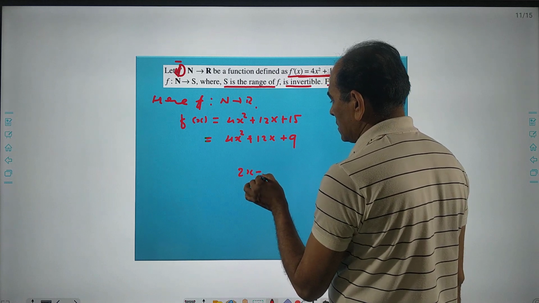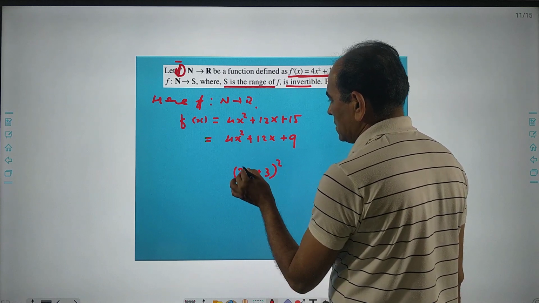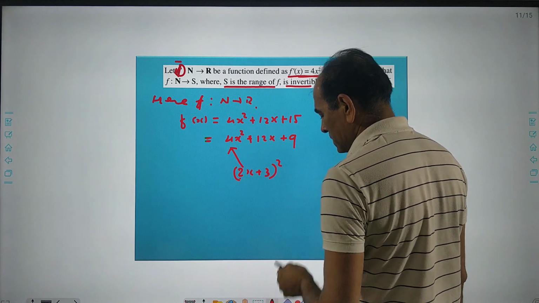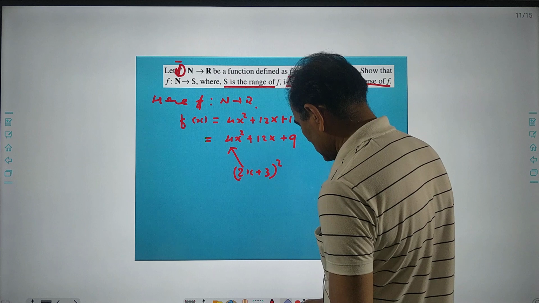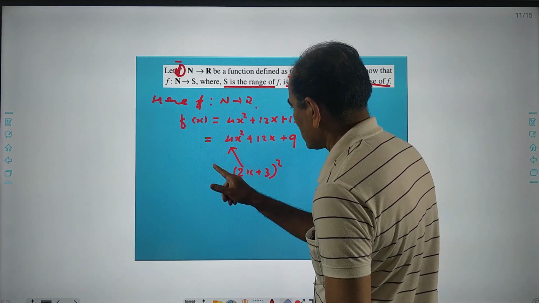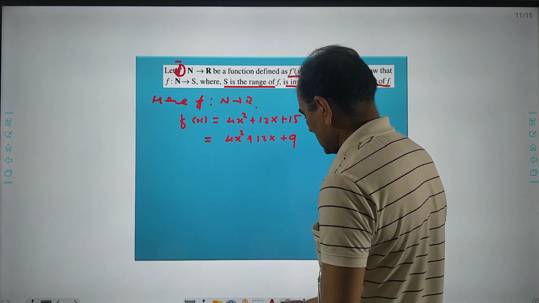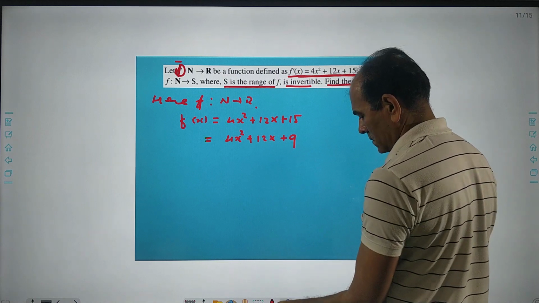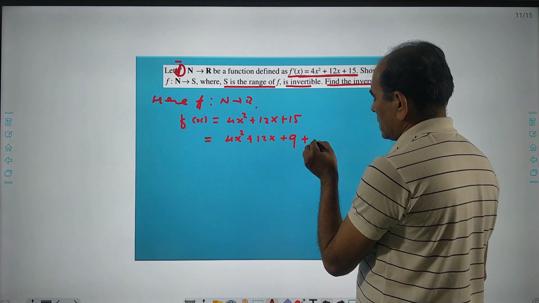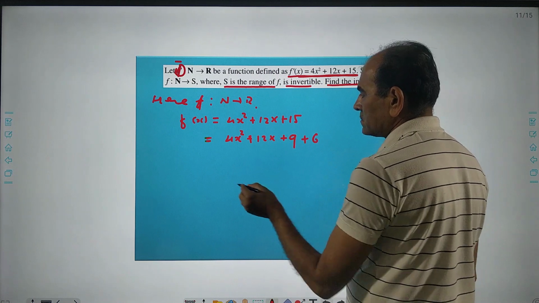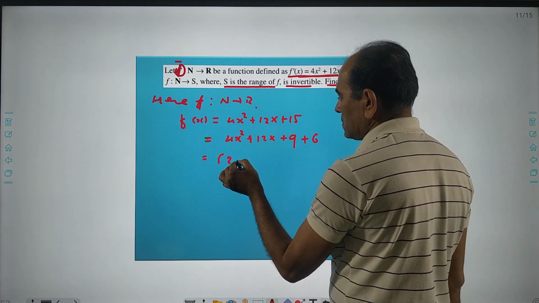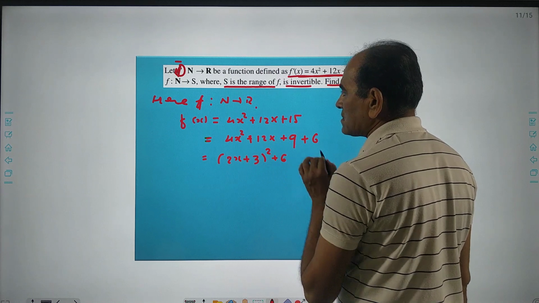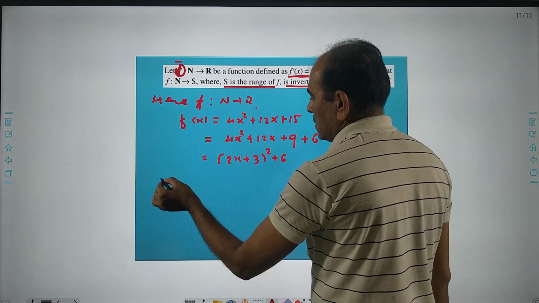So if we take (2x + 3) whole square, then 4x² plus 12x plus this thing. Clear? So make it into the perfect square form. Plus 6, yes, 6, so that is (2x + 3) whole square plus 6, yes or no?